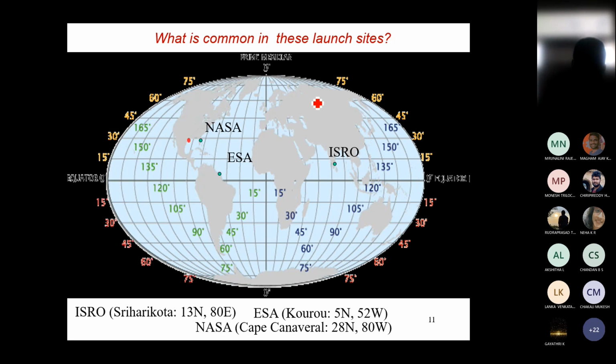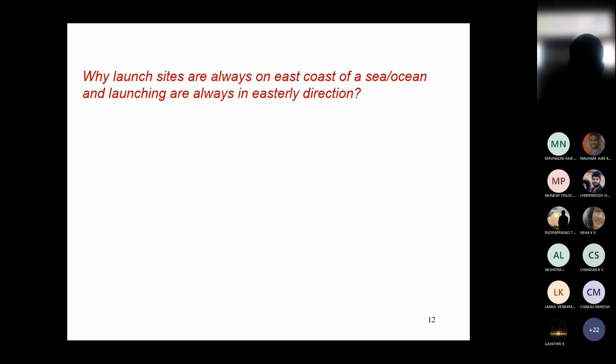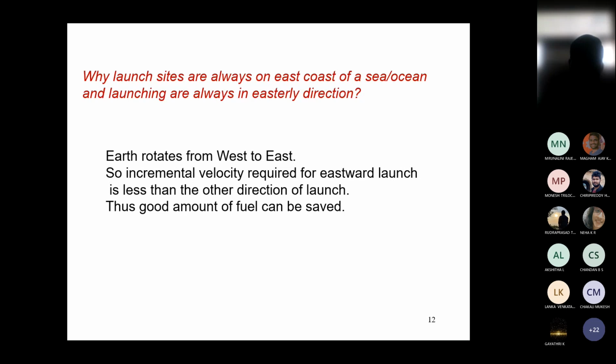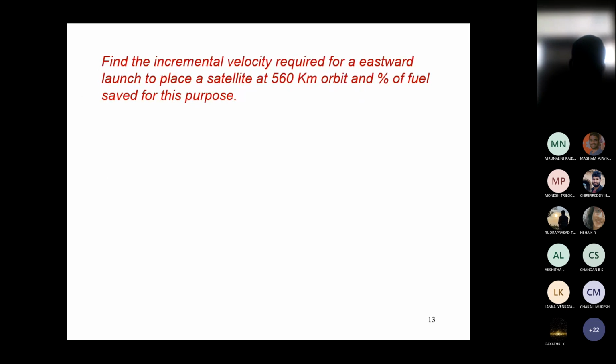It's not near the seashore, but desert area means the population is not there. So we prefer either desert or near sea level, because when we launch the satellite, the dead mass will fall on the desert or on the water. So this is the answer.